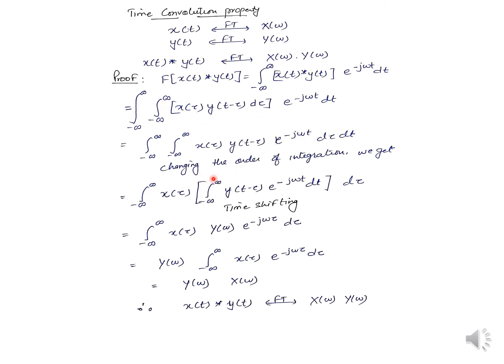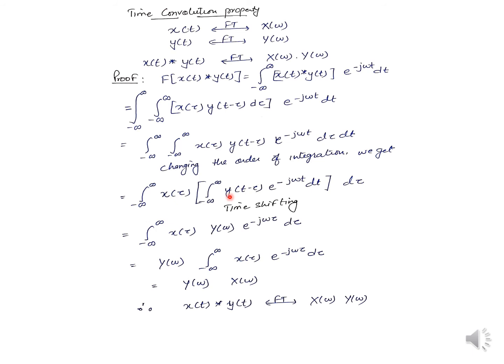Now if you change the order of integration, meaning here we have dt and d tau, and you start integrating with respect to t, then bring the terms which have t inside, with limits from minus infinity to infinity, y of t minus tau e raised to the power minus j omega t dt. Now if you look at it, this is equivalent to the time shifting property. You must know that the Fourier transform of x(t minus t naught) is e raised to the power minus j omega t naught into capital X(omega).